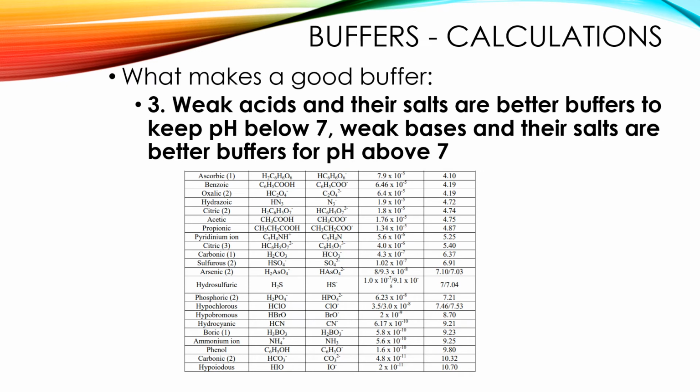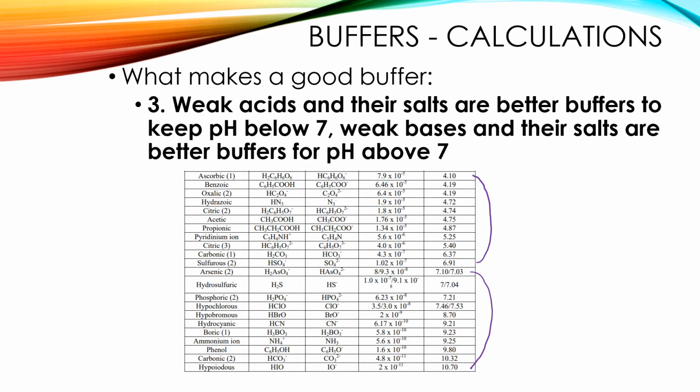And then finally, this seems pretty intuitive. Weak acids with their salts are better to keep pHs below 7, so that would be this part of the chart, while bases and their salts are better for a buffer over 7, so that would be this part of the chart.